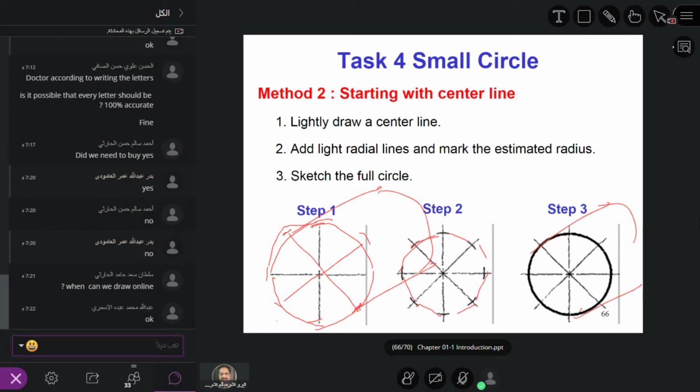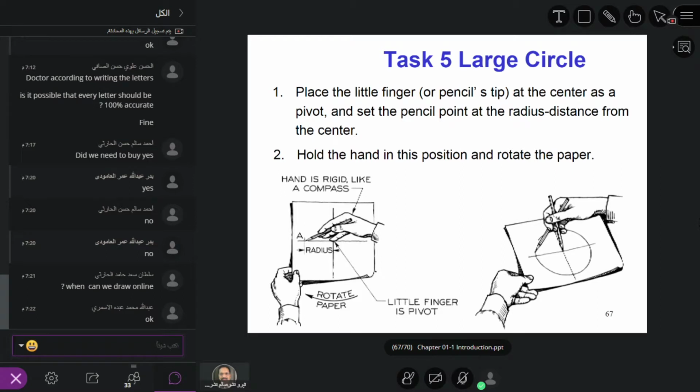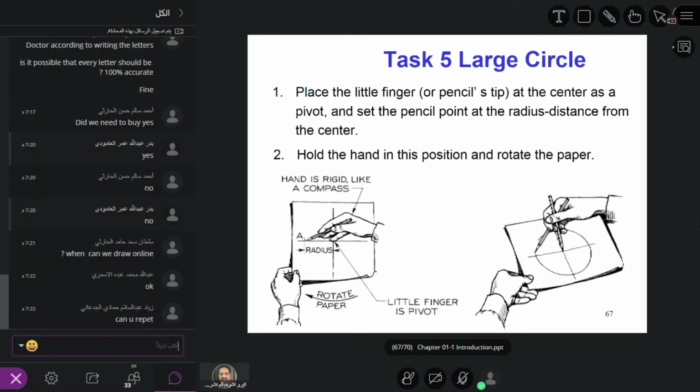Now, what is this? And then the last circle, how you can make it. Next week, next class, exercise on freehand sketching.